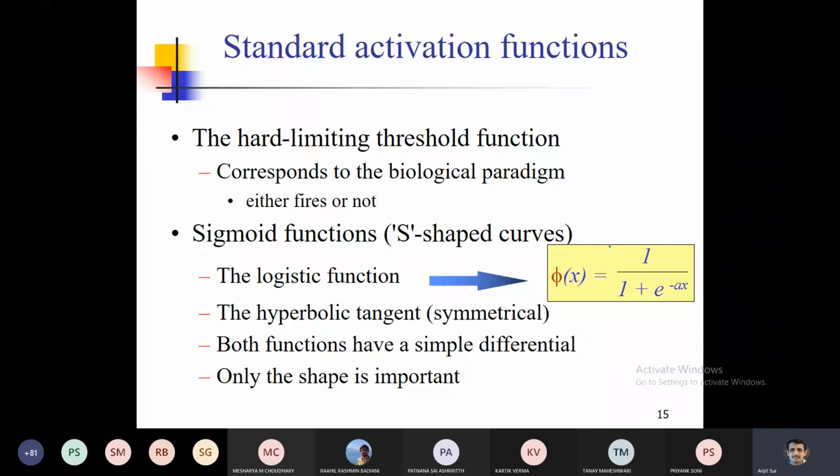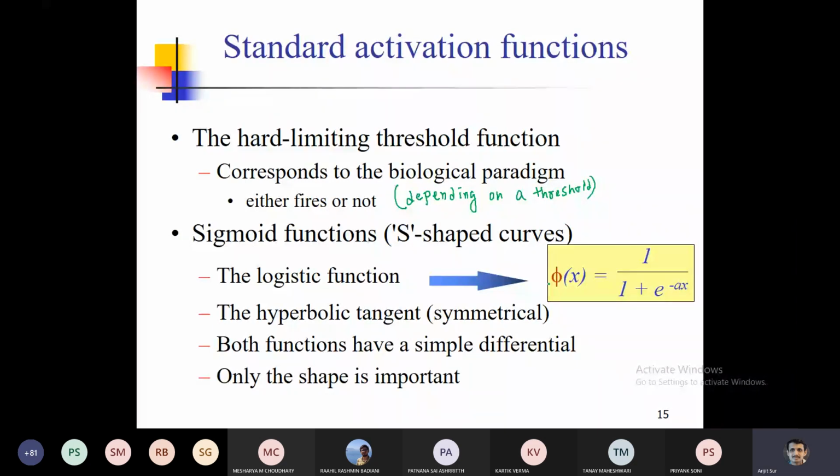Now, standard activation functions: what are the hard limiting threshold functions? This corresponds to the biological paradigm, that the neuron either fires or not, depending on a threshold. So the sigmoid function shape is this.